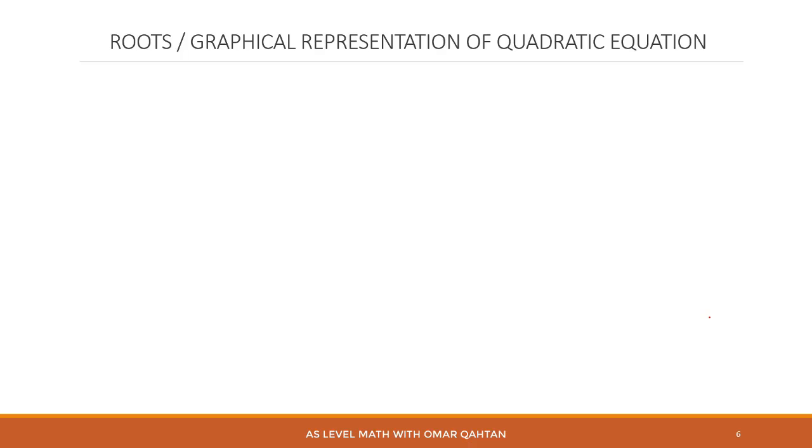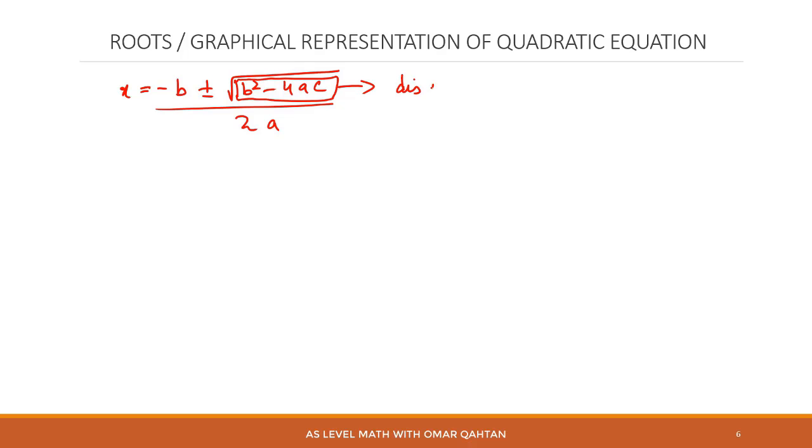The most important thing in this scenario is the discriminant that comes from the quadratic formula, x equals minus b plus minus root b square minus 4ac upon 2a. This b square minus 4ac is the discriminant.